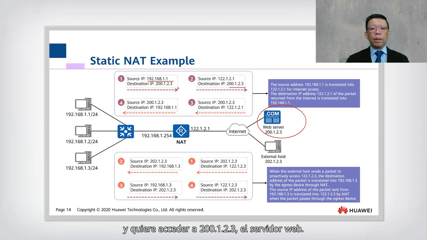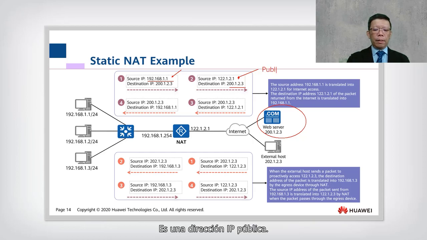Now I want you to take a very close look at the source IP. 192.168.1.1 is being translated to 122.2.1. What you can see from here is that this is a public IP. Of course, the 200 is also public. So what is being translated is this part here. As you can see, the source is translated from private into public.